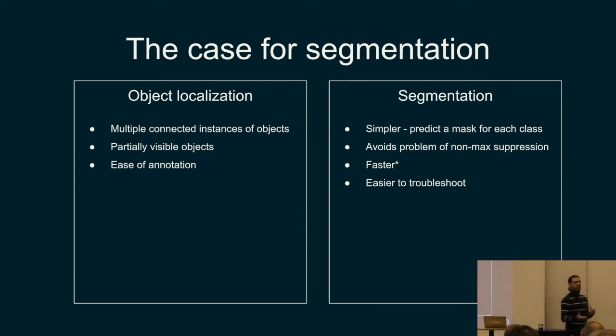This says we have tried both, in a few different architectures, and we have found segmentation to be generally faster. This might not hold true in general. It's also easier to troubleshoot. We will see later that you can get a pretty good idea how the model is training and how it's behaving, because you're predicting heat maps basically over your input image.